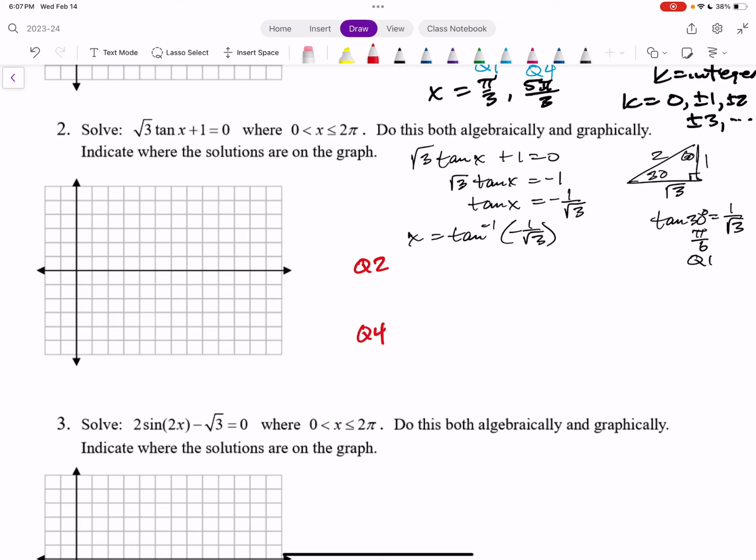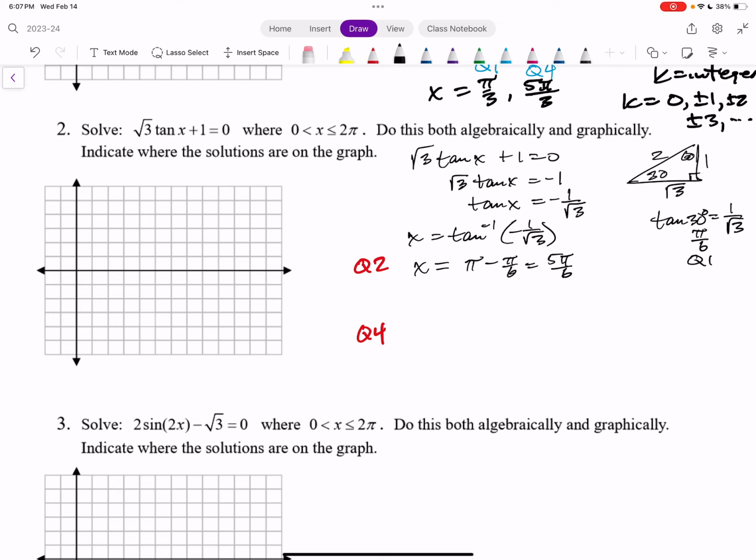So we've got to figure out solutions there. The first solution in quadrant 2 can be found by taking its reference angle in quadrant 1. The way you get from quadrant 1 to quadrant 2 is you take pi minus your quadrant 1 angle, which is pi 6, and you get 5 pi 6. That's a quadrant 2 angle.